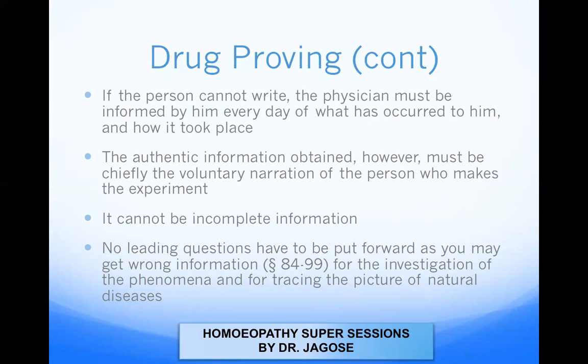The authentic information obtained, however, must be chiefly the voluntary narration of the person who makes the experiment. So the information will be authentic only provided the drug prover has voluntarily narrated the symptoms which he has observed during the experiment. It cannot be incomplete information.